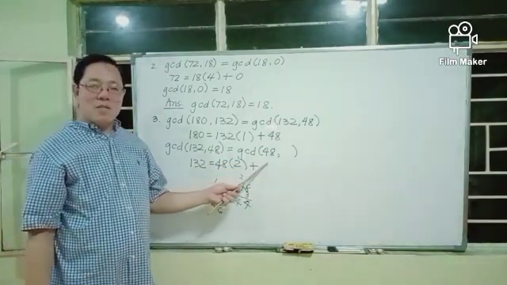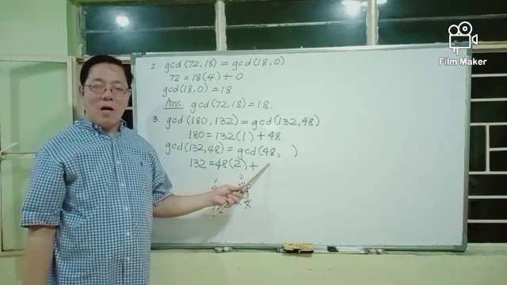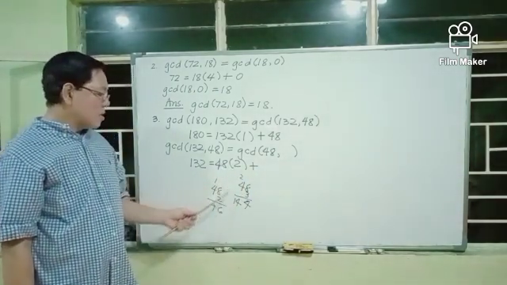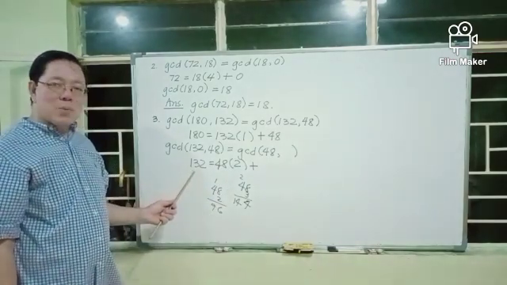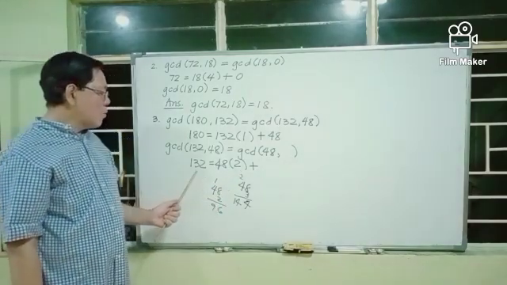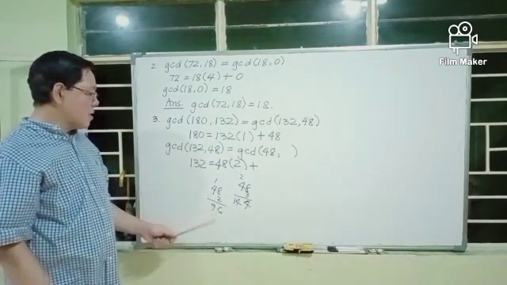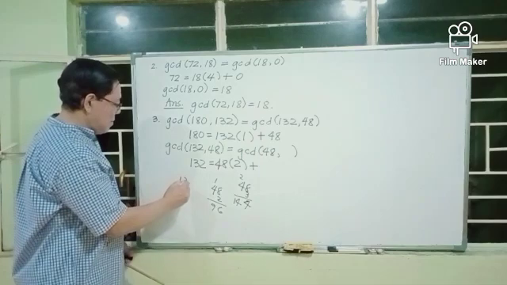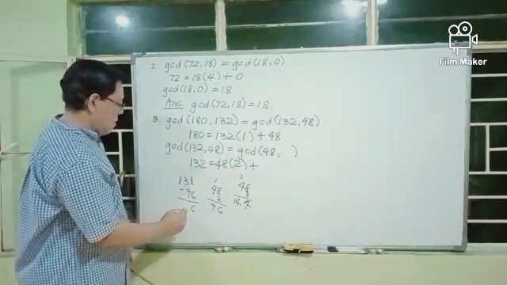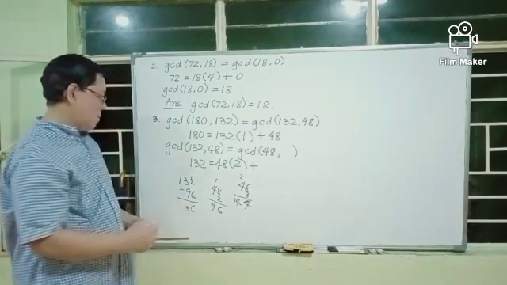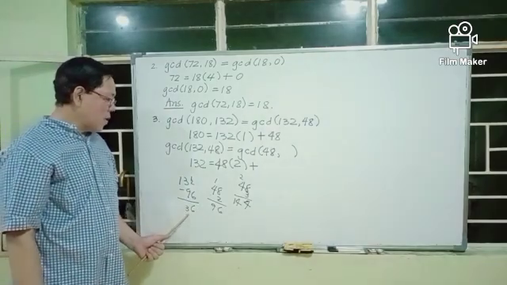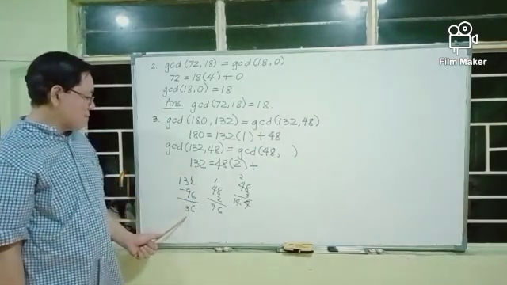And we must add a constant here to be taken as r, or the remainder, by subtracting 48 times 2, which is 96, from 132. Or 132 minus 48 times 2, or 132 minus 96. 132 minus 96 equals 36.